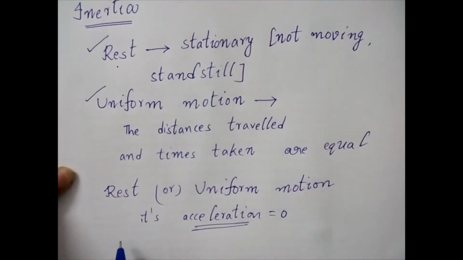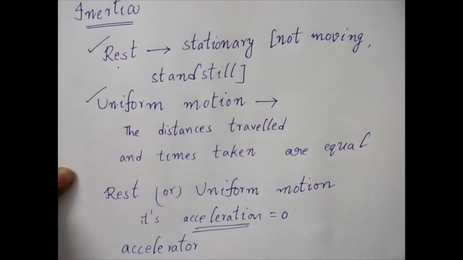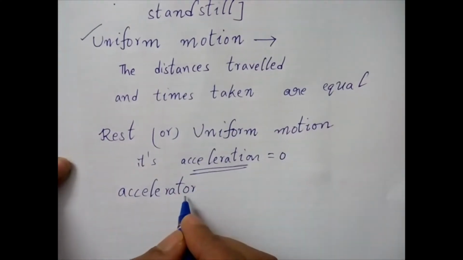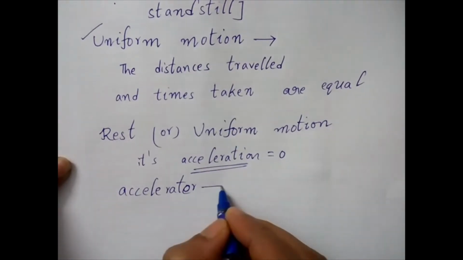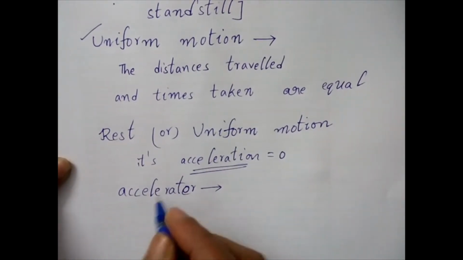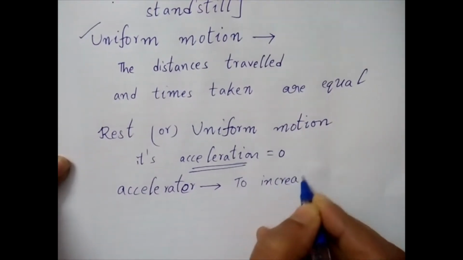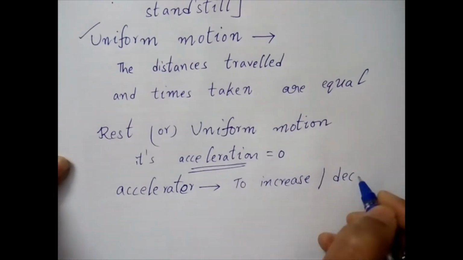You know, in bikes we have an accelerator. Even in any vehicle there will be an accelerator. Why do we use this accelerator? To increase or decrease the speed.